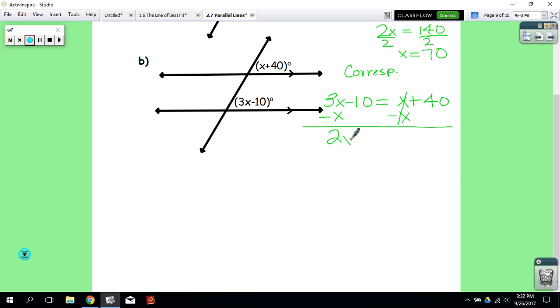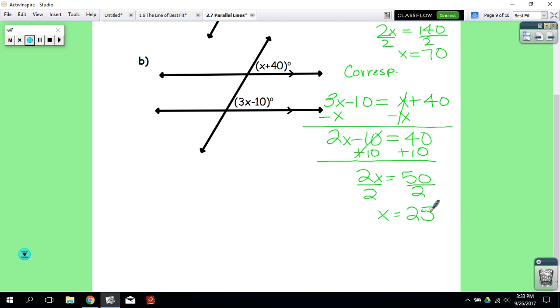And so we get 2x minus 10 equals 40, and then this is just a regular two-step equation. So add 10. 2x is equal to 50. Divide by 2. x is equal to 25.